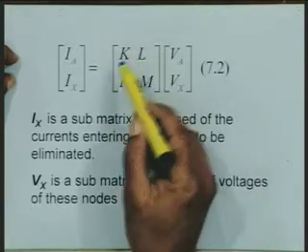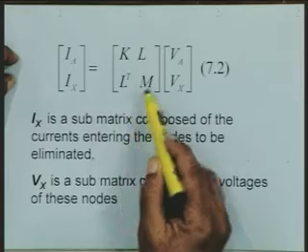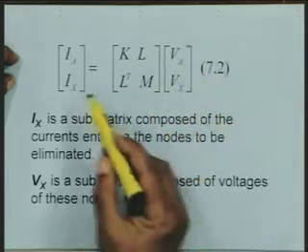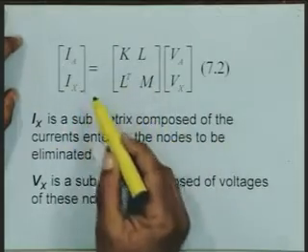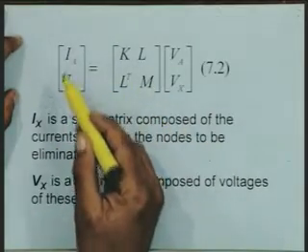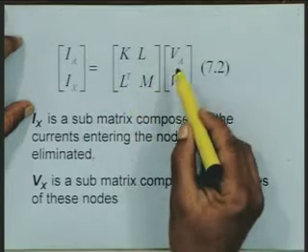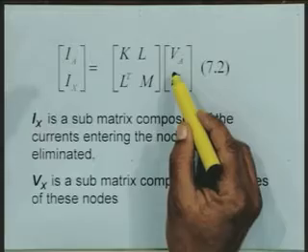The Y matrix is partitioned as K, L, L transpose, M, and the voltages Va, Vx. That is, when I partition the current vector, the Y bus matrix and the bus voltage vector are also appropriately partitioned.